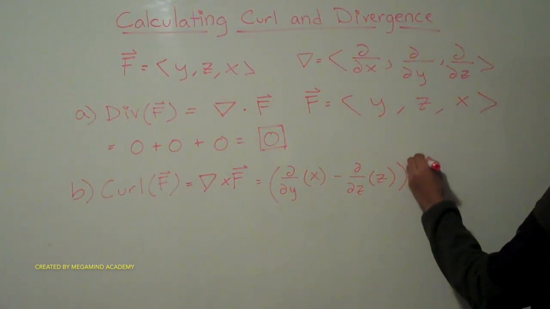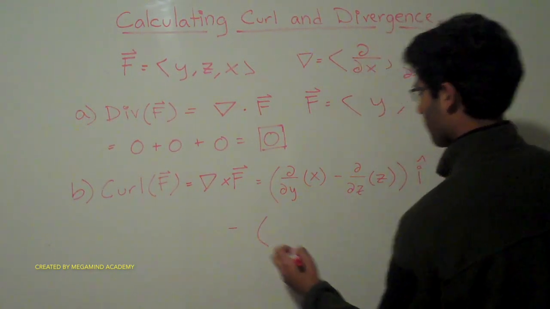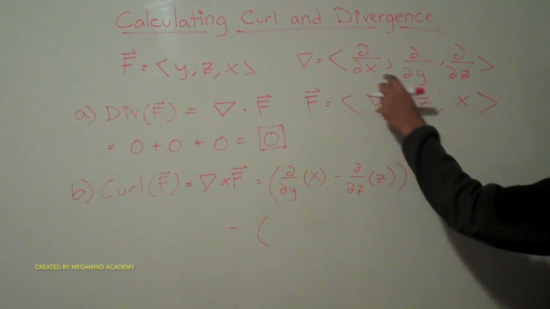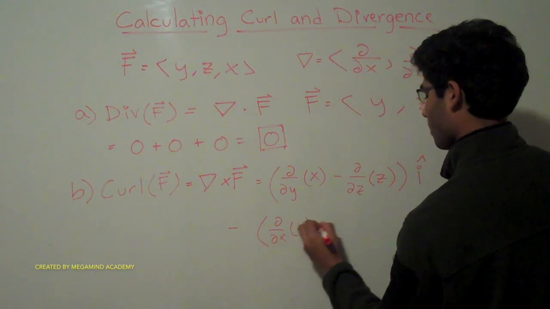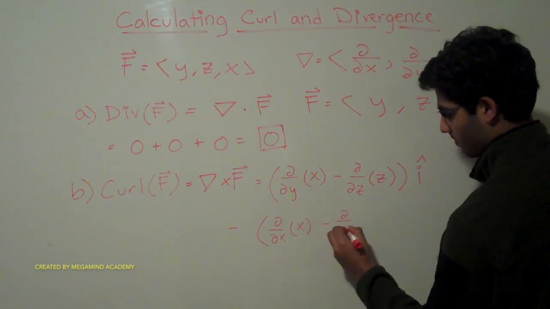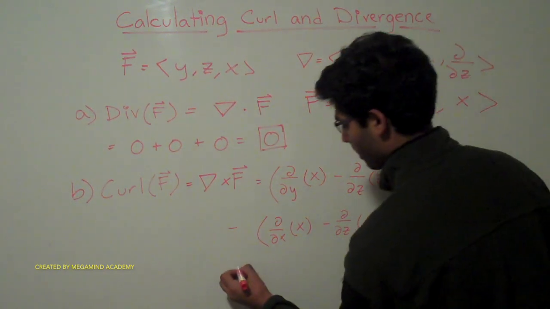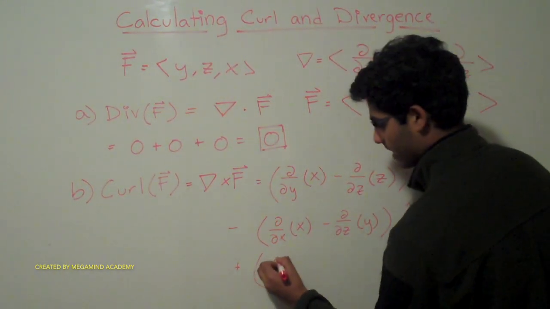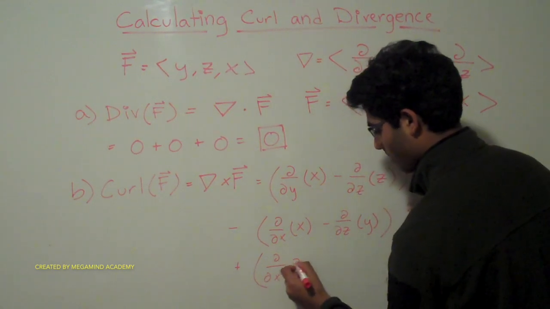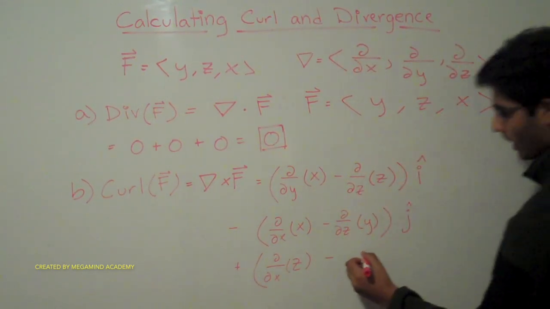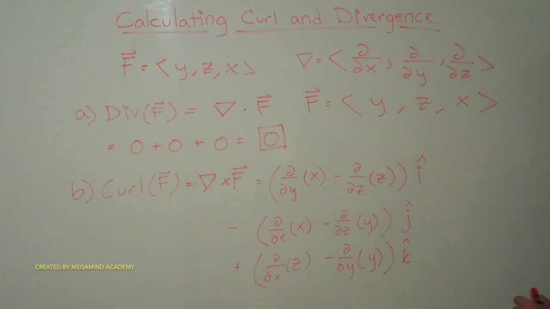We have that times the i vector, minus, if we cover up this middle portion, d dx of x minus d dz of y, and that's times the j standard vector, plus, if we cover up here, we get d dx of z minus d dy of y, times the k unit vector.